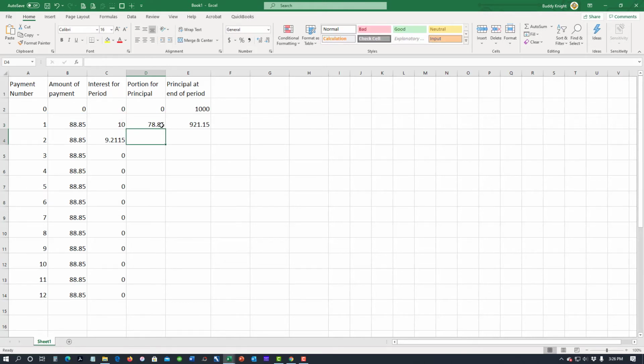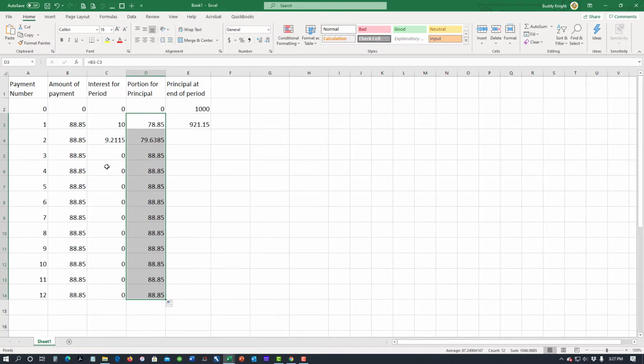And again, it looks the same, but now it's a calculation. So now I'm going to drag that down. And because this is saying there was no interest, it's saying the whole payment is going to be applied. When I change this principal at the end of the period, this will change as well.